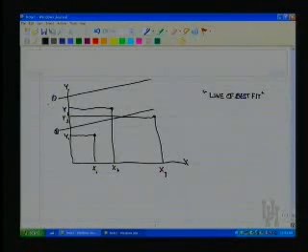Would anybody care to recast that explanation? That is, recast the explanation of the line being closer to the data points, to recast that argument using the word error. Line 2 represents less error than line 1.